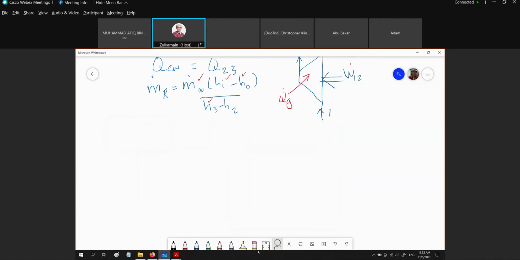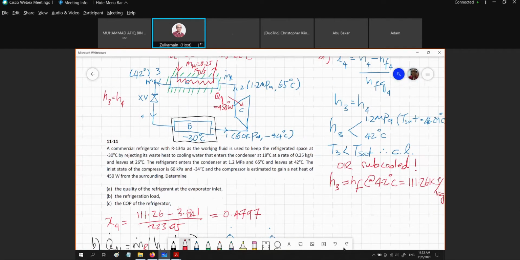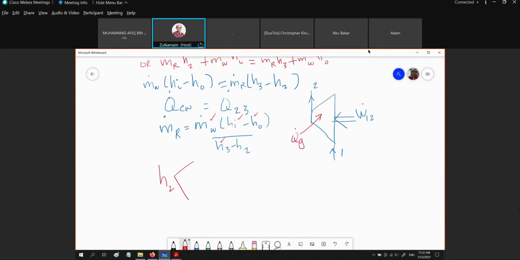Okay, so let us get what is H2. Look at the condition of the H2 we have given right here: 1.2 megapascal, 65 degrees C. At 1.2 megapascal and 65, for sure we are going to have superheated vapor, because T2 is greater than T sat.